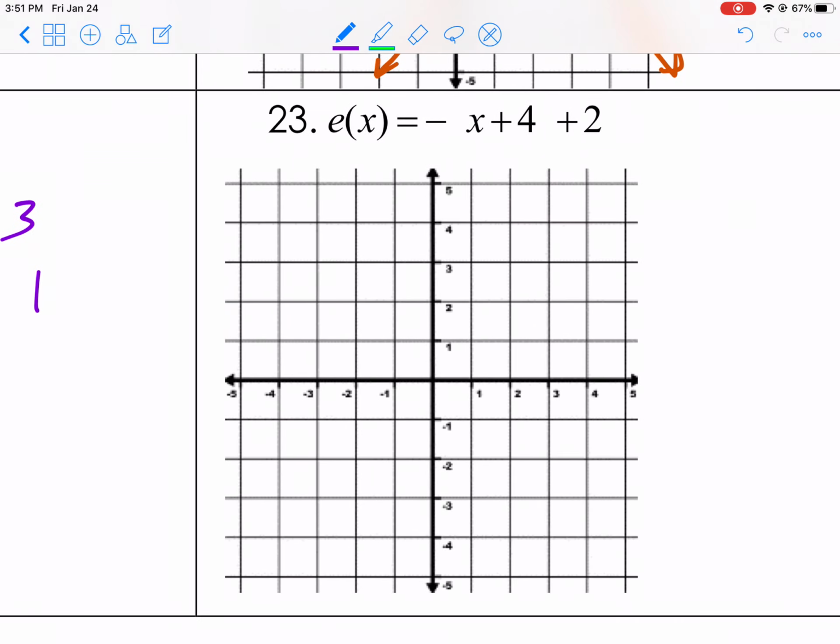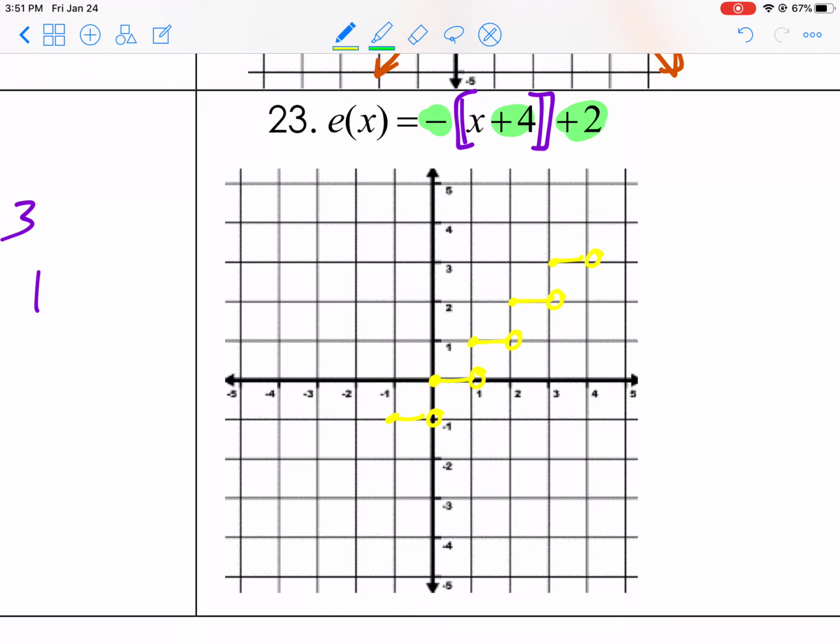Okay. Over here, looks like I have something missing. I'm going to guess that this is our, it's always missing. Okay, so this function usually looks like this, right? And it goes on this side too. So this negative out front is telling us to flip this. +4 is saying go left 4.